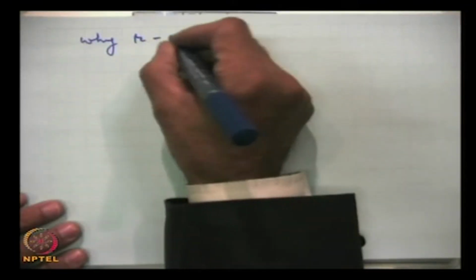R stands for resistance, and soon we will look at the good features of this analysis, and that is why this has become quite popular. First, why R parameter analysis? Why R parameters?